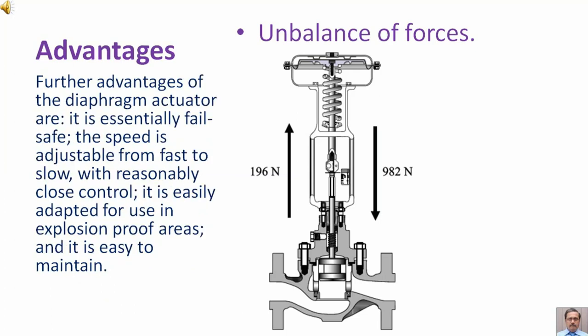Further advantages of the diaphragm actuator are: it is essentially fail-safe. The speed is adjustable from fast to slow with reasonably close control. It is easily adapted for use in explosion-proof areas, and it is easy to maintain.